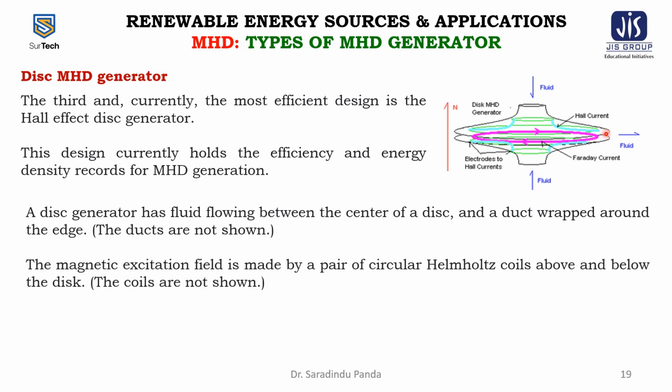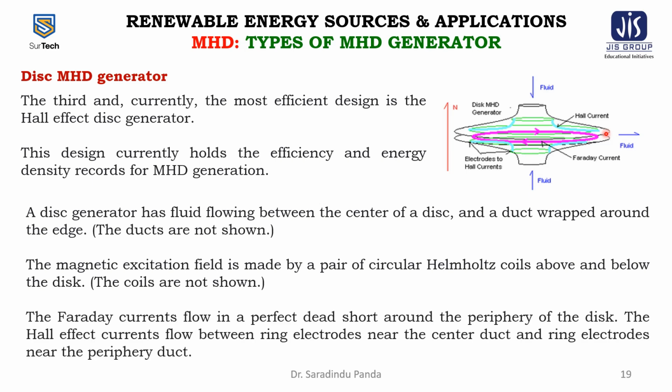The magnetic excitation field is made by a pair of circular Helmholtz coils above and below the disc. The Faraday current flows in a perfect dead short around the periphery of the disc. This is the Faraday current.